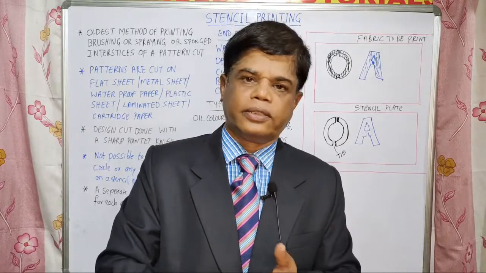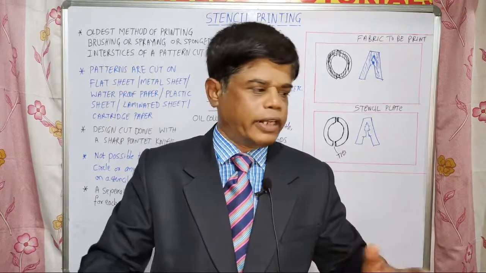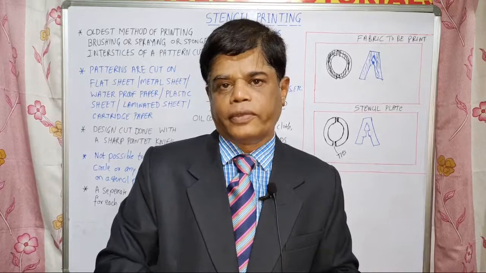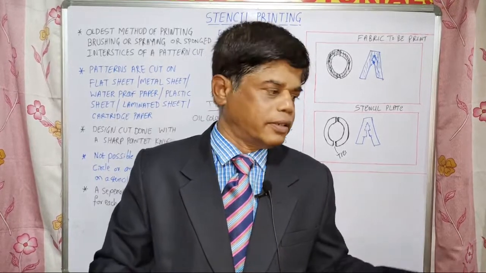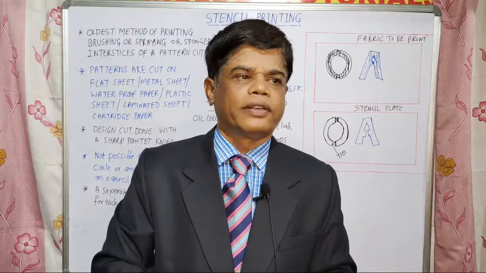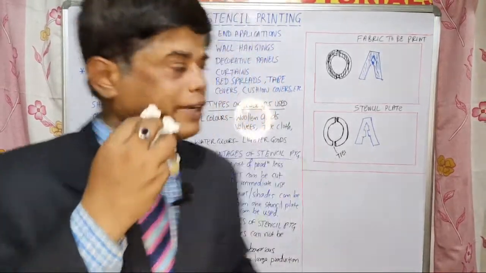The women, the housewives, know this better. In their free time, they print on tablecloths, TV covers and so many household things, for house decoration. These are the things, friends.